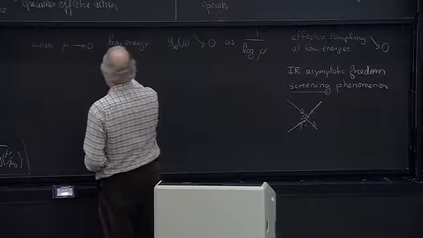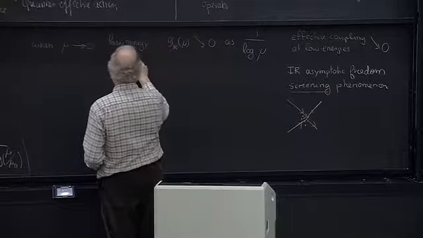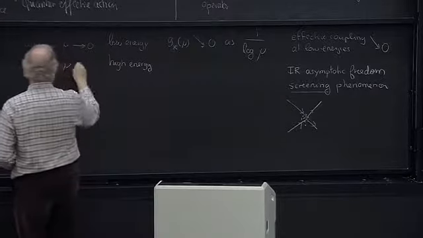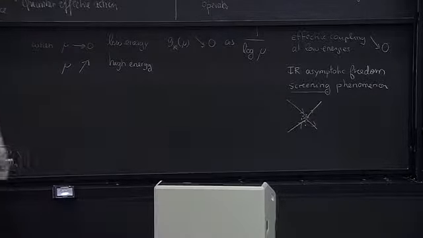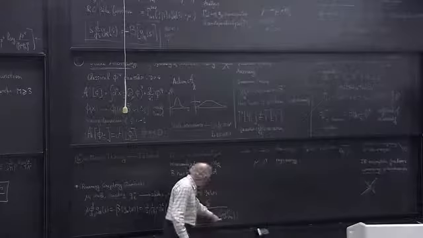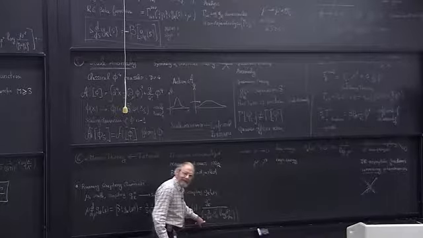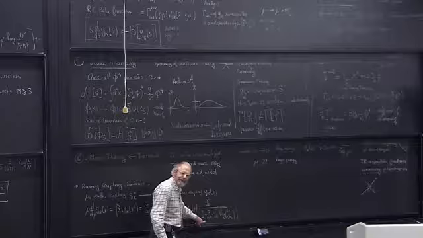Now, at high energy, of course, that's the opposite. When mu grows, the log becomes larger, and then you run into a problem, because then you reach the zero of the denominator.